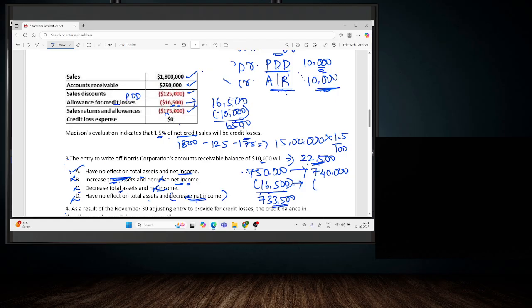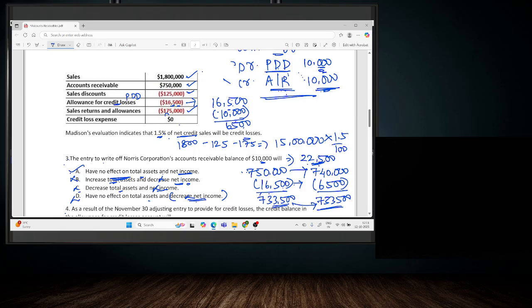So what is the closing balance of provision for doubtful debts? It is only 6,500. So what is the net impact? Again, 7,40,000 minus 6,500. We get the same 7,33,500.